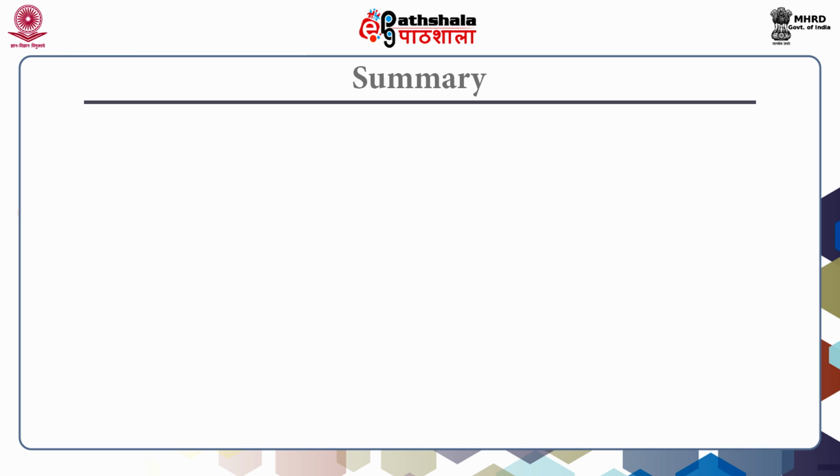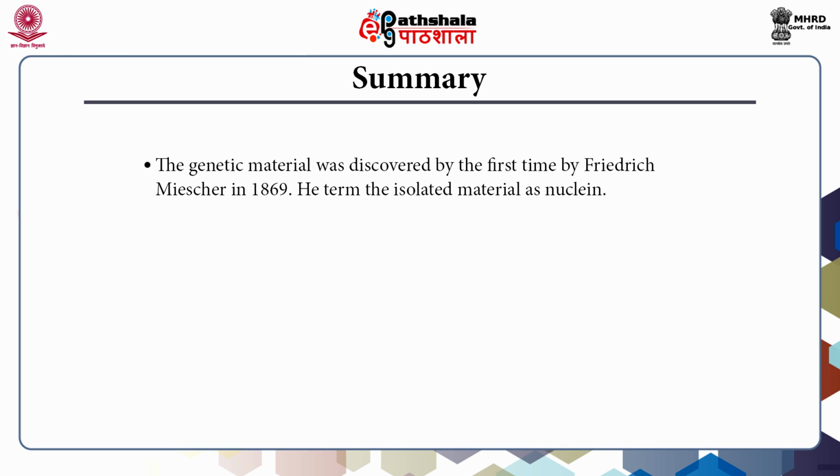To summarize, there are three major takeaways from this lecture. These are: the genetic material was discovered for the first time by Friedrich Miescher in 1869. He termed the isolated material nuclein.